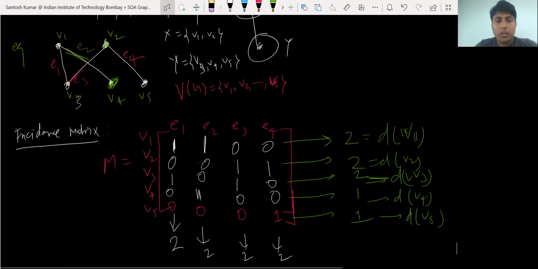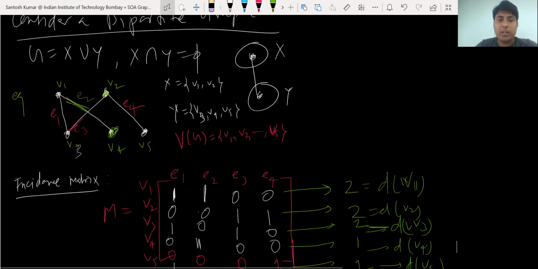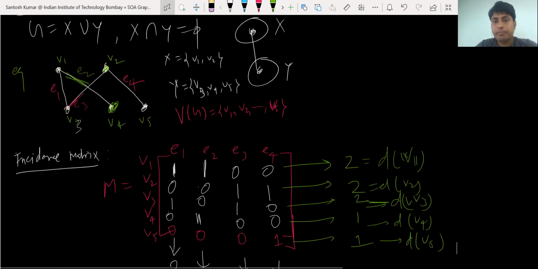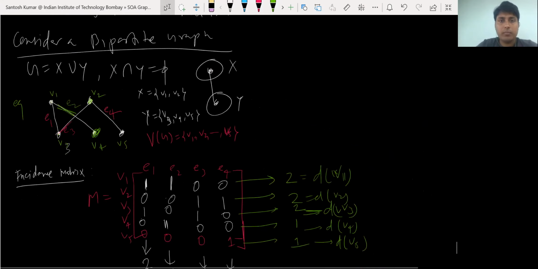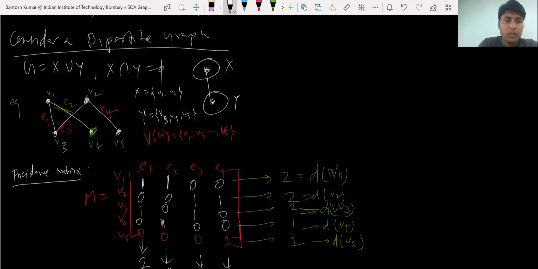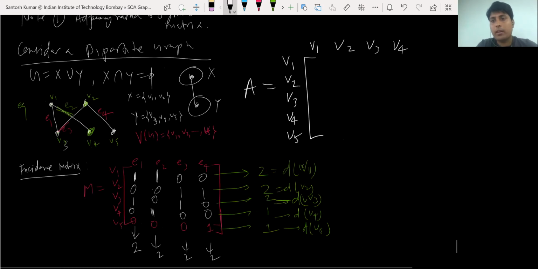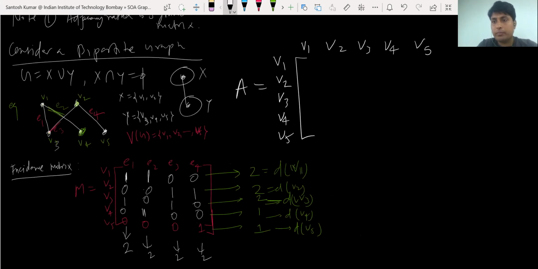Now let me draw adjacency matrix corresponding to the same graph. So I want to make adjacency matrix. So it's vertices, vertices. So like V1, V2, V3, V4, V5, V1, V2, V3, V4, and V5.